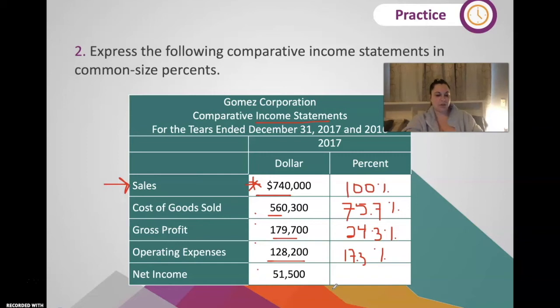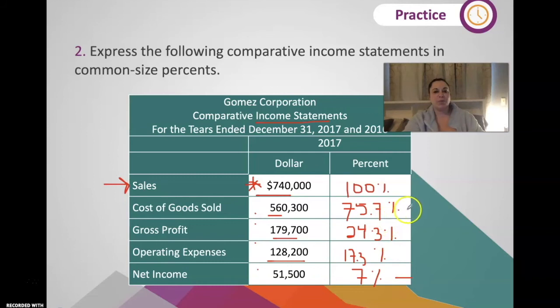Please make sure you're doing this with me, just so that I know that you know how to do the math here. Get 7%. So this lets us know out of all the sales we made, 7% went to our net income. That means we only got to keep 7% of what we made, and you can see where everything went.